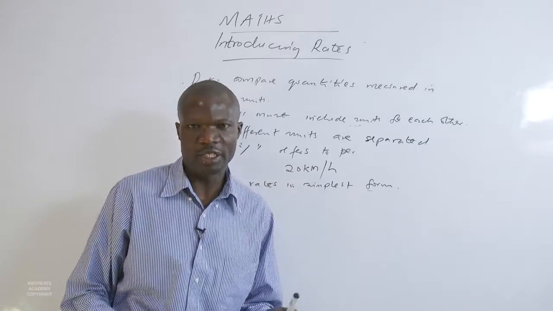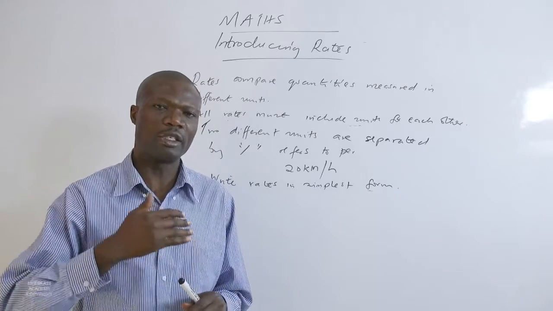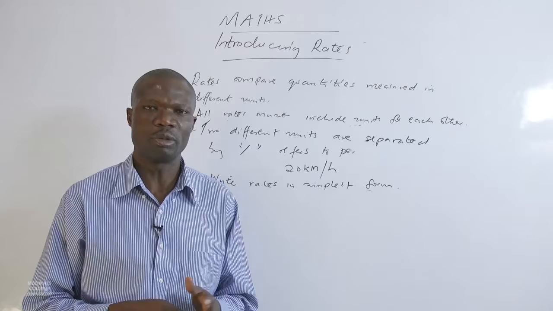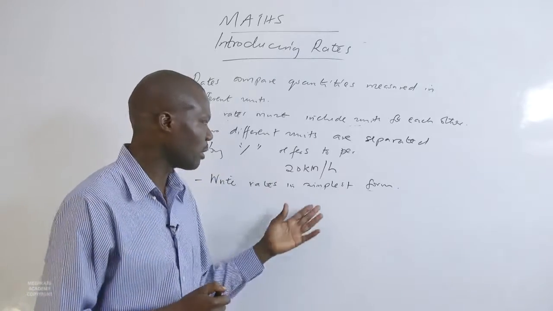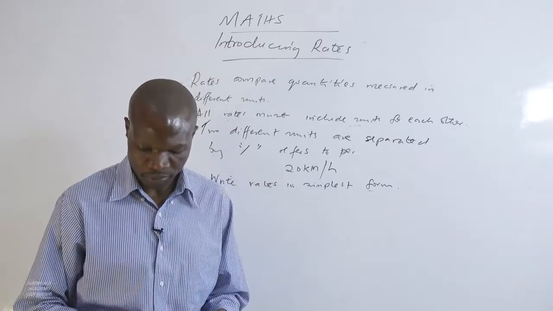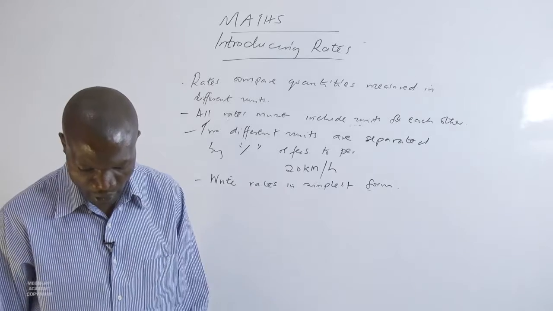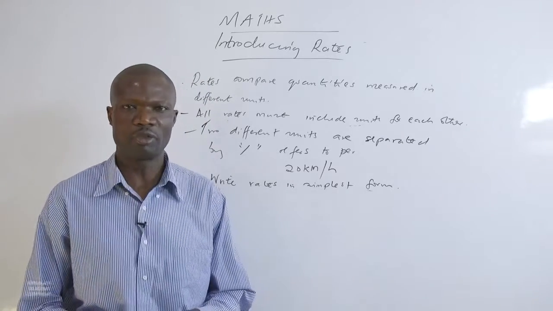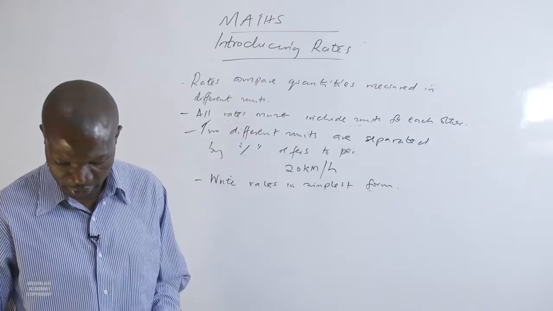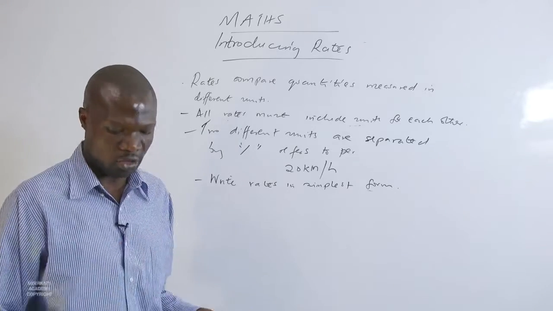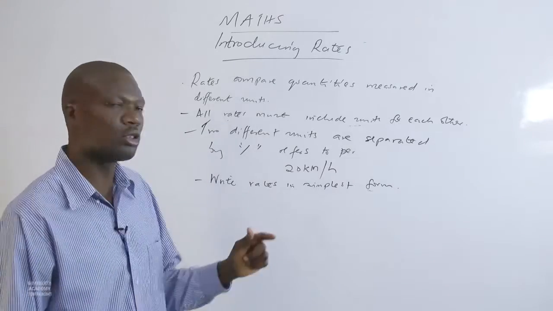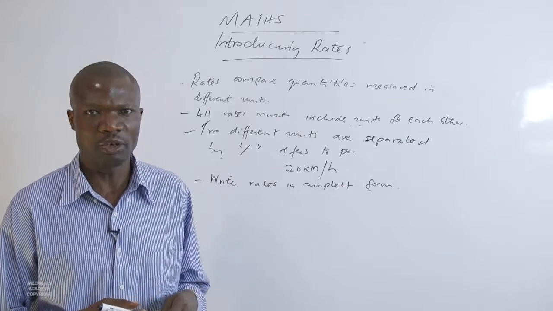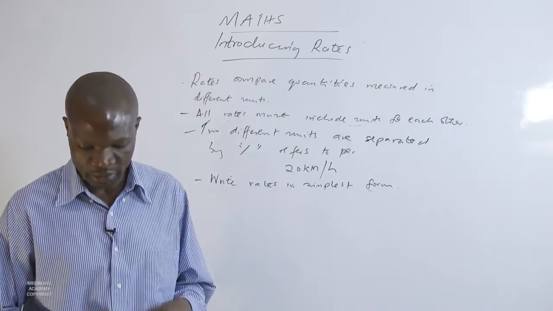And in most cases, it is recommended that you write the second unit as one, or you simplify it to be just one unit. That's what we mean by simplest form. Let me take you through why we need to write rates in simplest form. Most probably the second unit must be at least a single one.